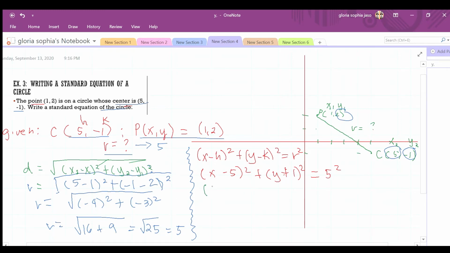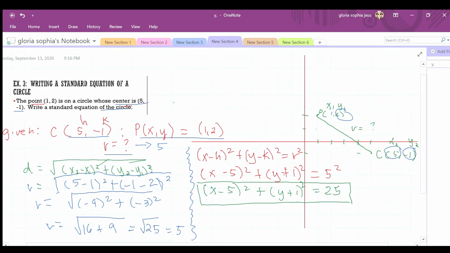Ayan. So, it becomes x minus 5 squared plus y plus 1 squared equals 5 squared, which is 25. Ayan. So, this is the equation of our circle.